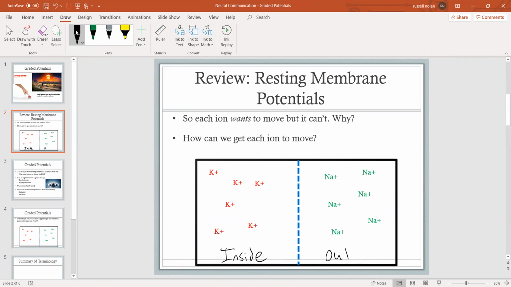This is outside the cell, or in this case, outside the neuron. And we can see inside the cell, potassium is more highly concentrated. Outside the cell, sodium is more highly concentrated. And at rest, that difference is a value of negative 70 millivolts. So the inside is 70 millivolts more negative than the outside.